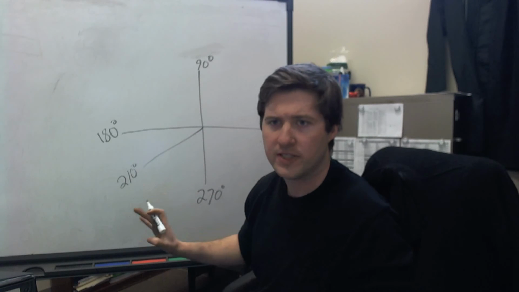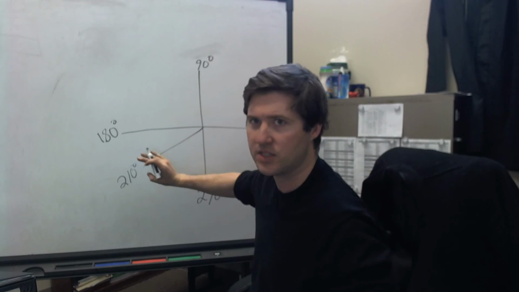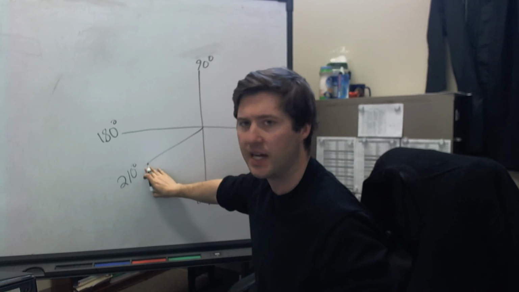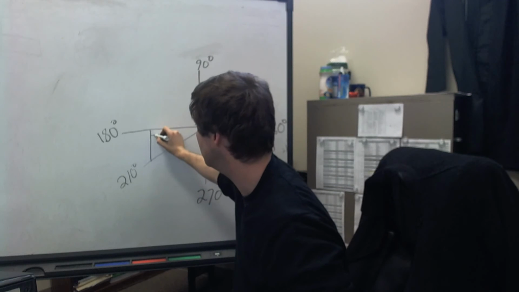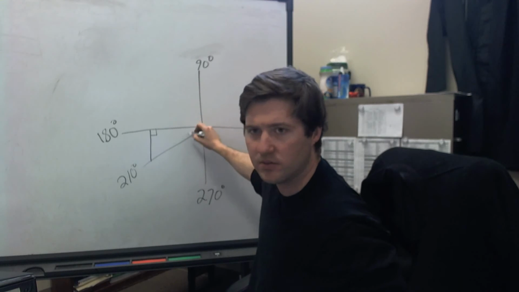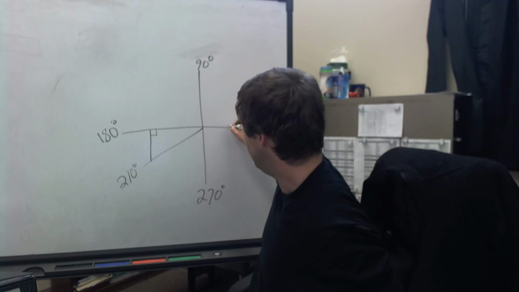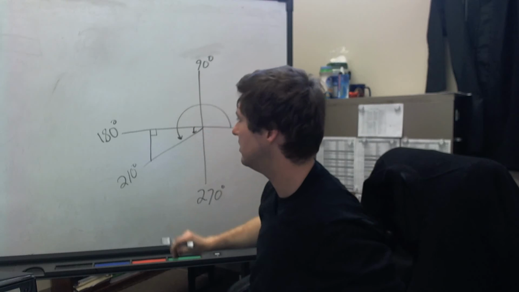Now, the reference angle is the angle made between the terminal side and the x-axis. It's always between our terminal side and the x-axis. That makes this little triangle. That is our reference angle right there. So if this was 210, what is this little piece?